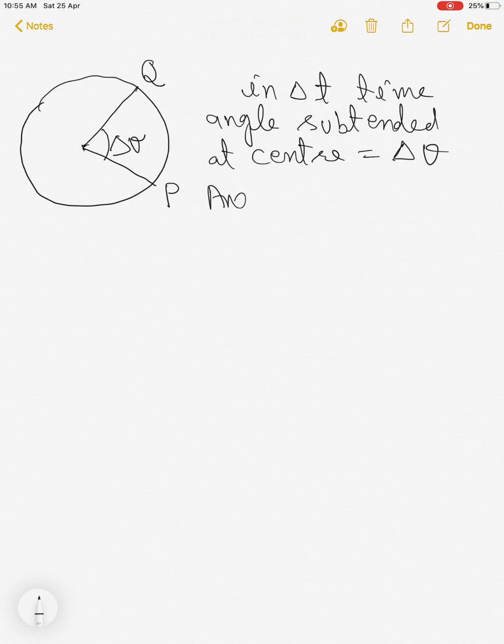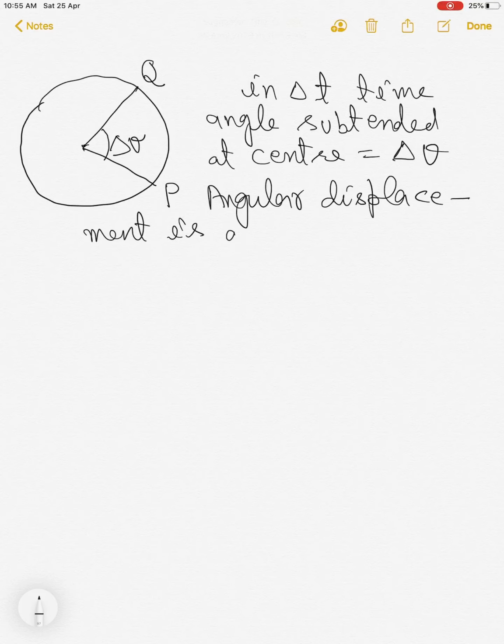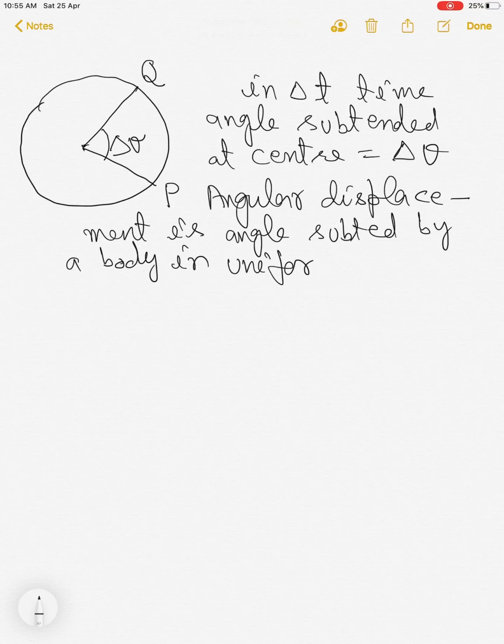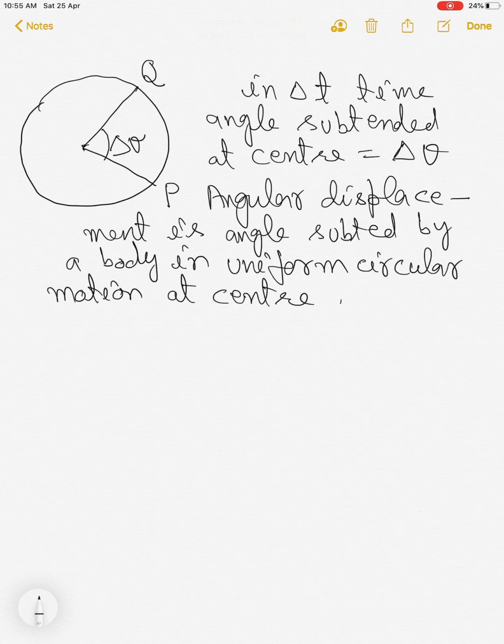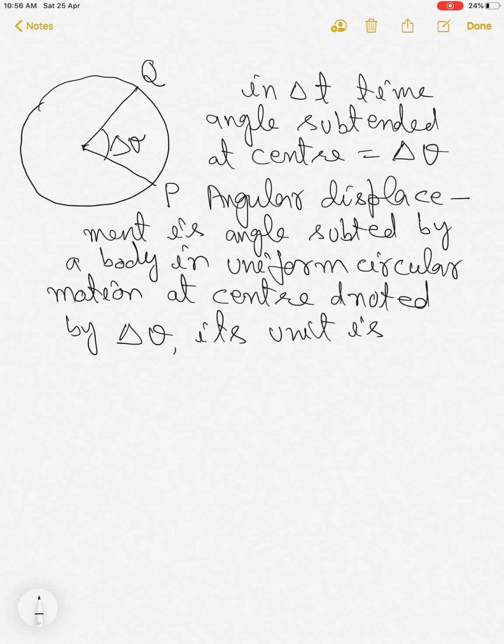So angular displacement is the angle subtended by a body in uniform circular motion at the center, denoted by delta theta. Its unit is radian.